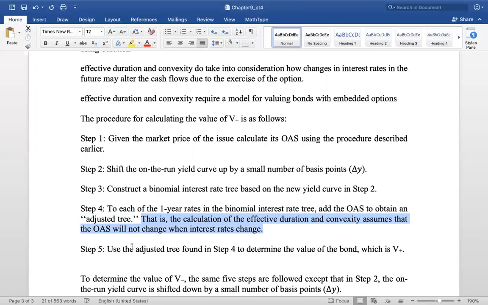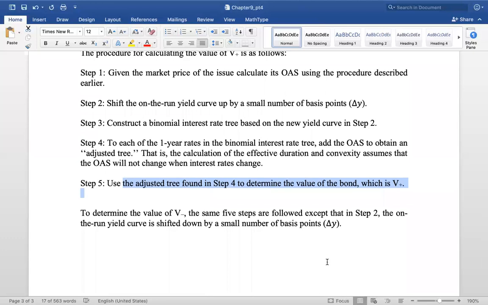Then we will use the adjusted tree found in step 4 to determine the positive value. The same steps will be applied to determine the negative value. And when we get both of these positive and negative values, let me show you the formula again of the duration and convexity to be clear what we are talking about.